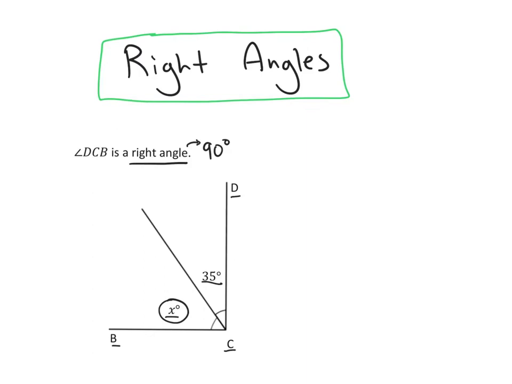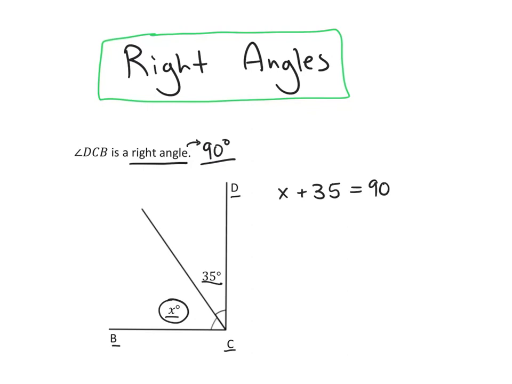So all right angles equal 90 degrees. Since x and 35 together equal a 90-degree angle, we can create an equation: x plus 35 equals 90.